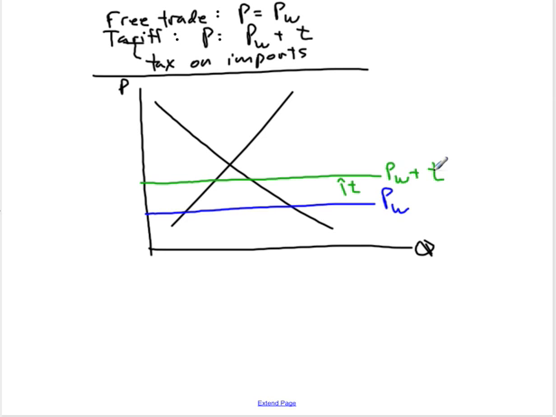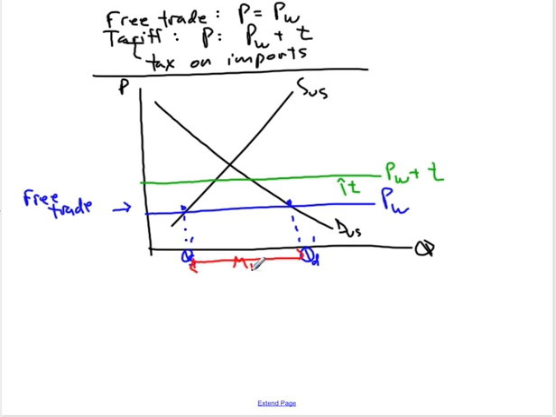Well, with free trade, we have seen that consumers will buy QD1, US suppliers, I should have labeled these curves, US suppliers will only want to sell QS1 at that low price PW, and the difference between what US suppliers want to sell and American consumers want to buy will be imports. So let's call that M1.